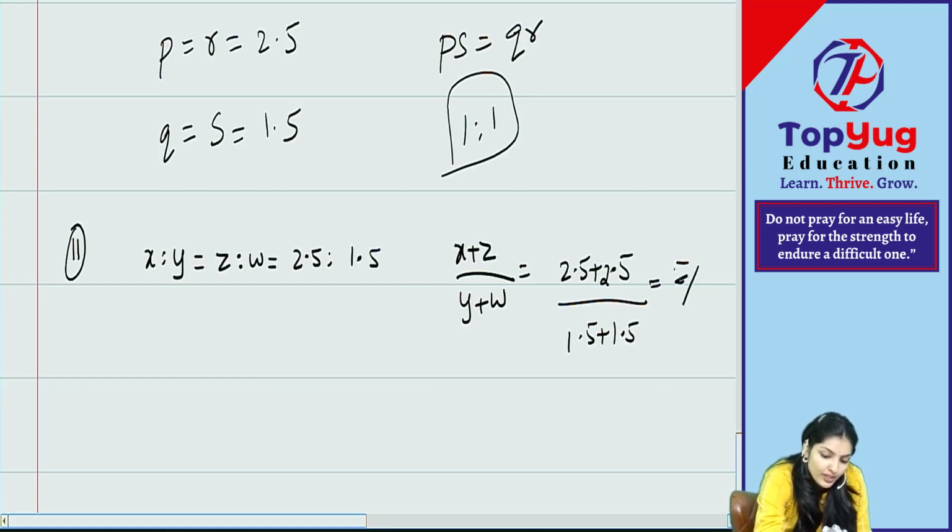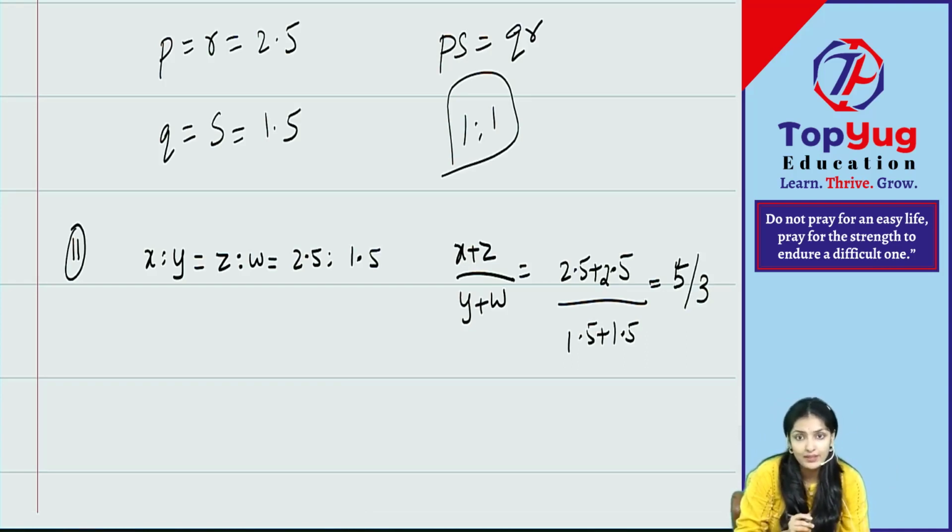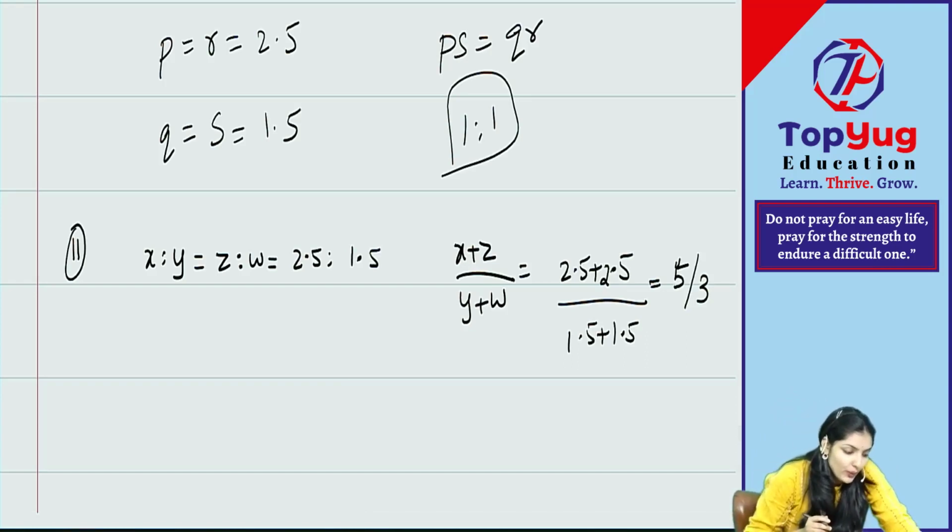So 2.5 plus 2.5 divided by 1.5 plus 1.5 is 5 by 3.